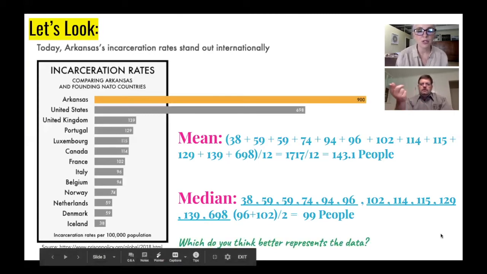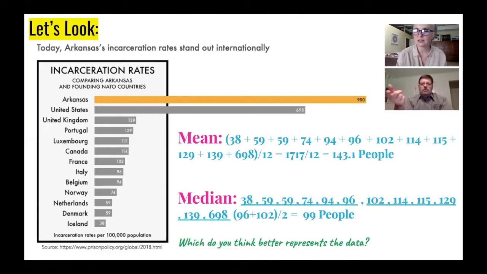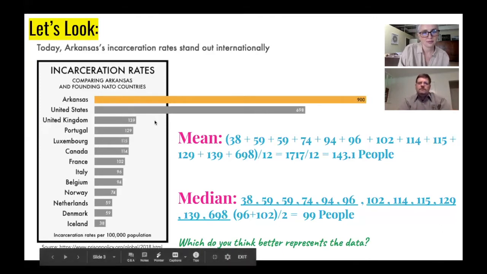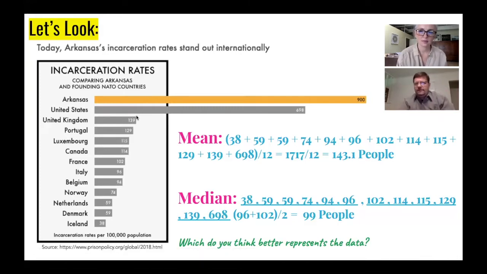So, Mr. Bobby, which one do you think represents the data? I have a real problem with this, because if I look at these numbers, 143.1 and 99, first of all, they vary by like 44, which is not cool. They're kind of far apart. But if I look at 143 and then go back and look at the actual numbers, 143.1 is bigger than every other country except the United States.